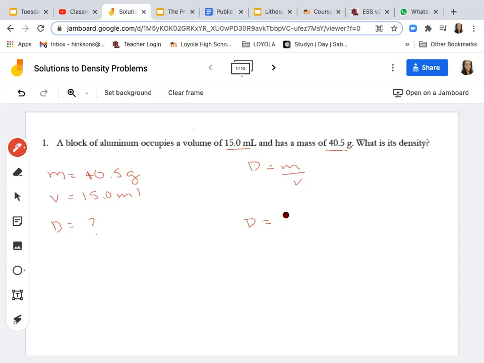So grams per milliliters. Okay, so I want to see units.